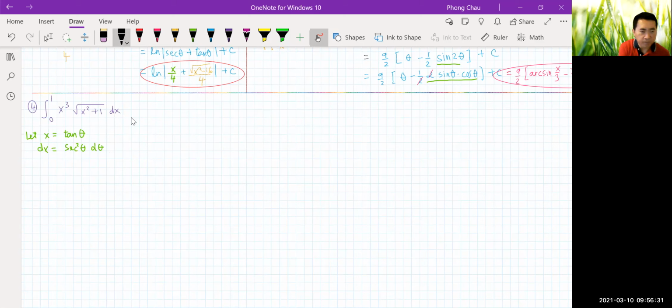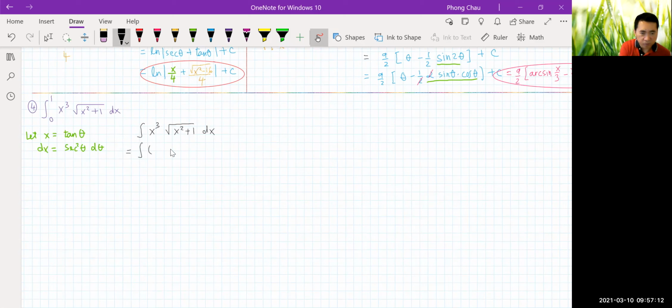Now let's substitute in. Well, to make things easy, I will probably leave off the upper and lower limits for now. So what it means is I only consider this integral for the moment, but keep in mind we're going to need to come back after we've done the antiderivative. So I only consider the indefinite integral there, right, without limits. So let's do this first. Then after I use the substitution here, let x be tangent, right?